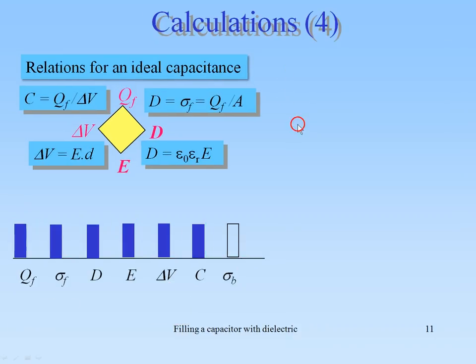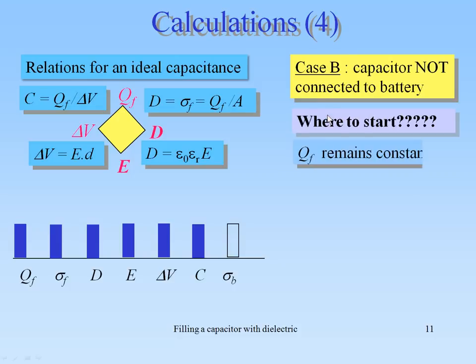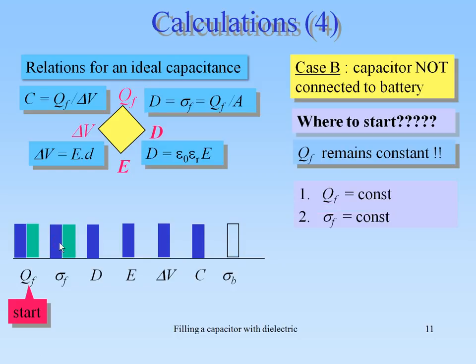Now the case that the capacitor is not connected to the battery, where do we have to start now? Now we have to start with the Q, because the total Q will remain constant. This means that the sigma free will remain constant. No charge is flowing from the battery because it's not connected.